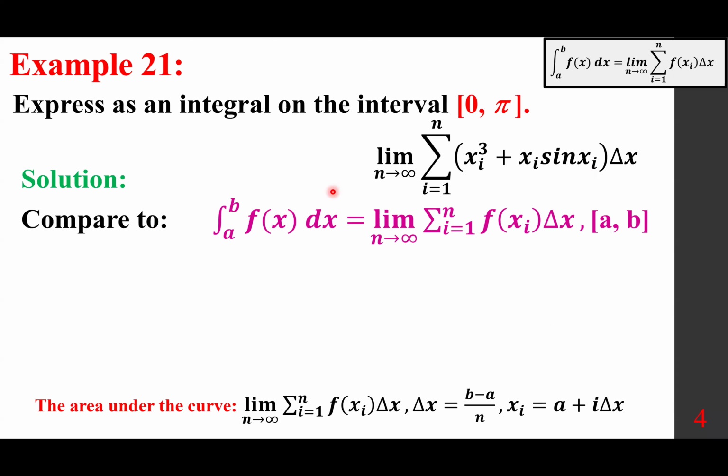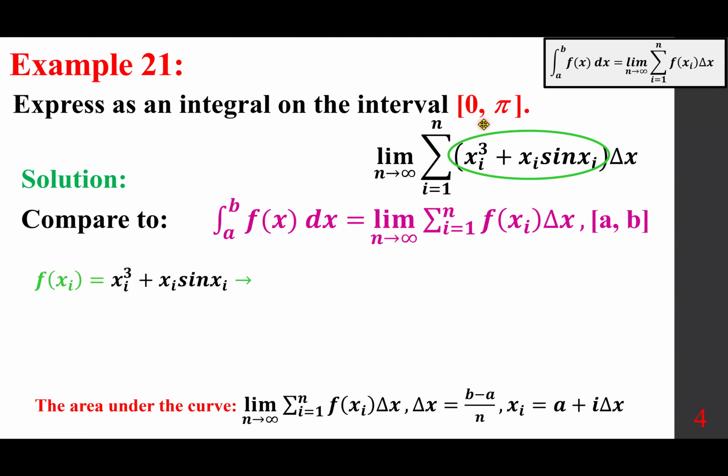We said this is the definition of the definite integral from a to b of f of x dx. As we compare these two, everything seems to be the same. So this must be f of x sub i, and of course this is delta x. What about a and b? They are given as 0 and pi.